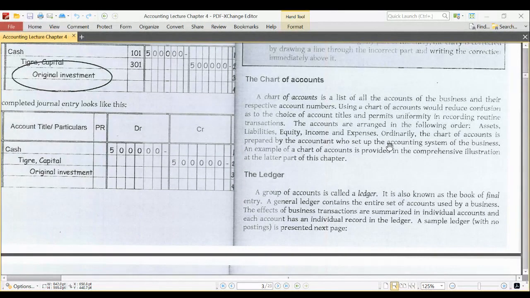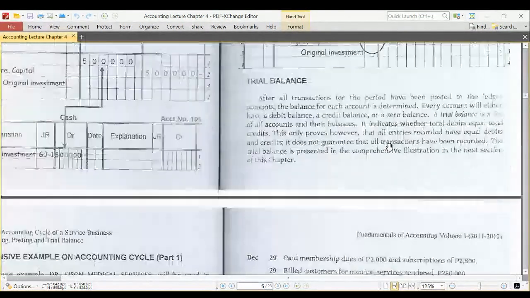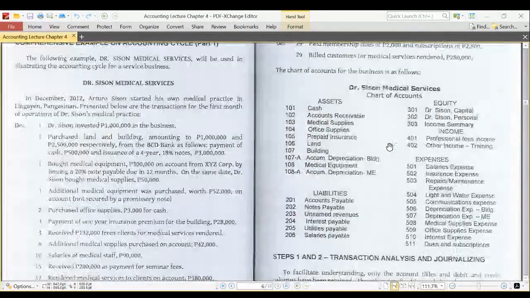And yung listahan ng lahat ng accounts ng isang company, ang tawag ay chart of accounts. It is a list of all the accounts that the business will use, and their respective account numbers. Ano ba yung itsura niyan? Ito. Chart of accounts of business is as follows.